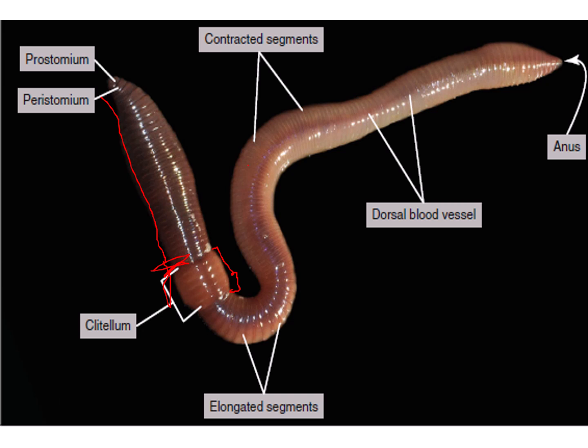So fertilized eggs are protected by that cocoon from dryness until they hatch and produce new earthworms. So the purpose of this clitellum is producing the mucus for making a cocoon structure for protecting eggs.